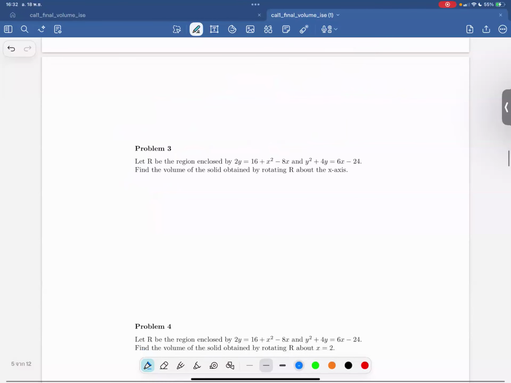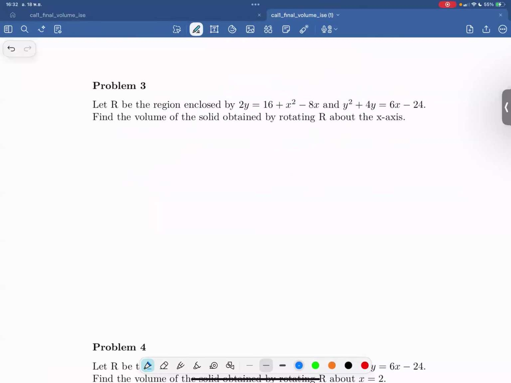The question 3, the area R is bound by the two parabolas, this one and this one. So we may start by drawing the area R first. The first parabola, I may adjust the form to find the vertex so we can write it properly.